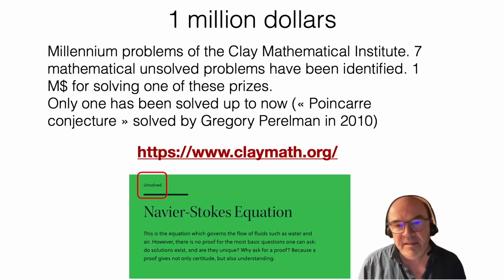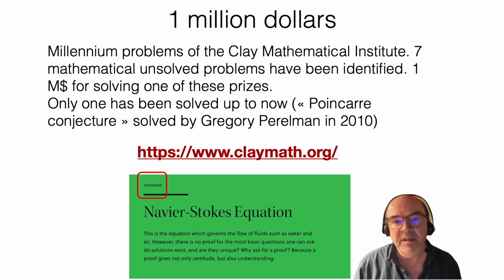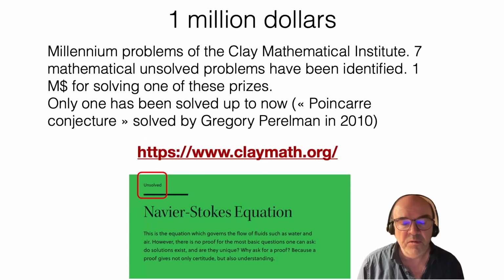It's a complicated equation. In fact, you have nonlinearity. It's also a very complex system because you have a huge number of degrees of freedom. So in fact, it's not solved up to now mathematically.